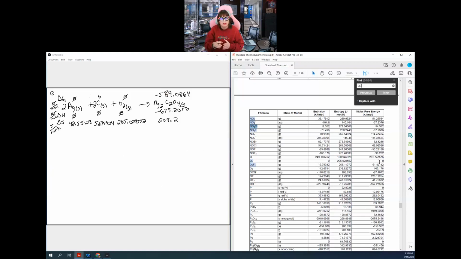Okay, so I can calculate delta G directly from the delta G values that I have, and that's an easy one, right? Because my delta G, not F, is equal to the sum of the stoichiometry times the delta G, not F, for my products, minus the sum of the stoichiometry times the delta G, not F, for my reactants.